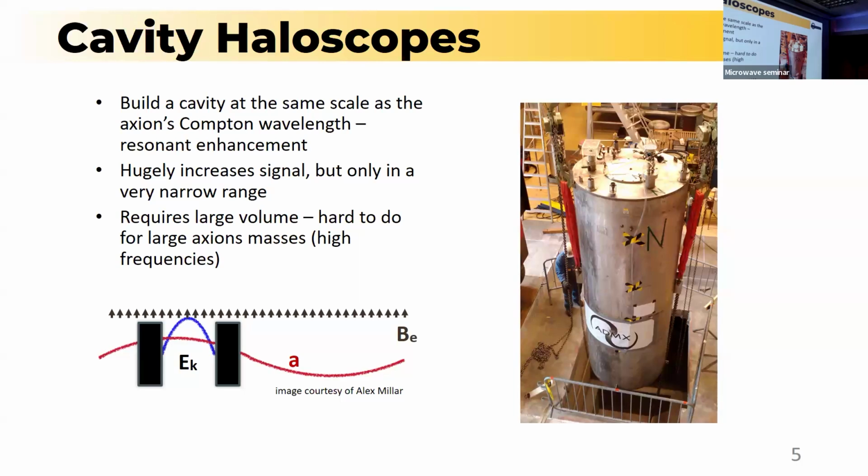With a microwave cavity, we can resonate the signal coming from the axion inside of our cavity in the whole volume. It has the advantage that as it is a resonant effect, we can increase the signal. One limitation is that it requires large volumes for the detection.